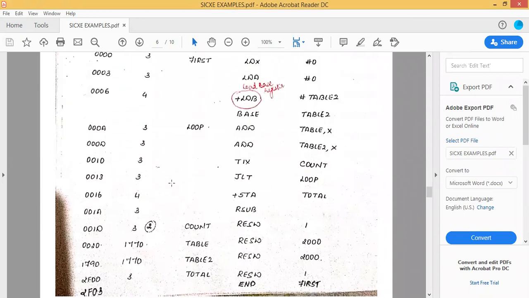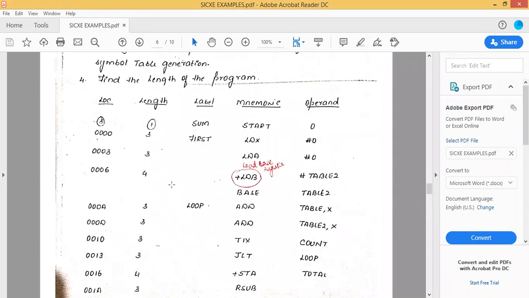What should you do next, guys? After you find the length of the instruction, you have to find the location. We have initialized the location to 0 because it is mentioned that it starts from 0. Next, you add the length and find the address of the next instruction.